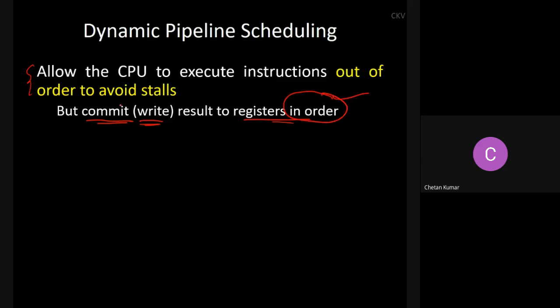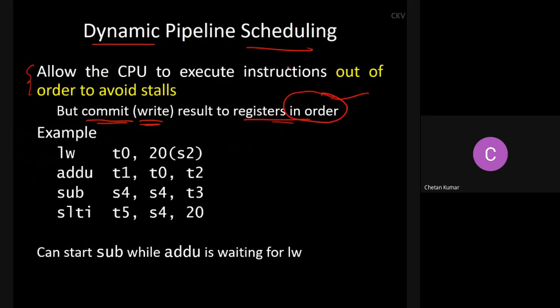So that's the feature of superscalar or dynamic multiple issue processors. Dynamic multiple issue processors involve dynamic scheduling of instructions, where instructions can be executed out of order. But even though the execution can happen out of order, the writing to the registers should always happen in order.